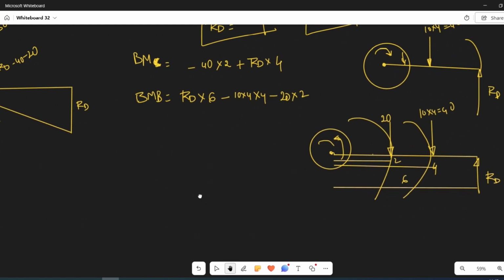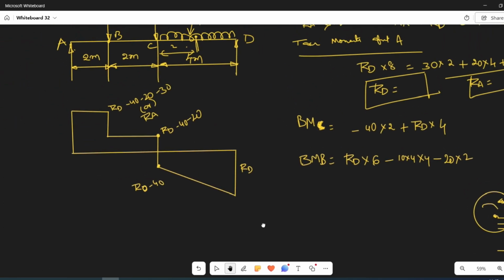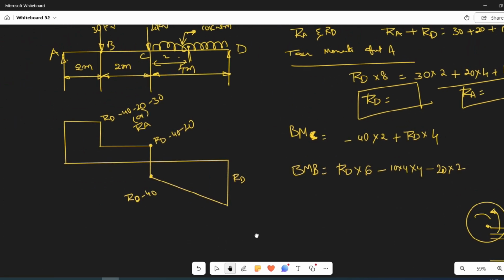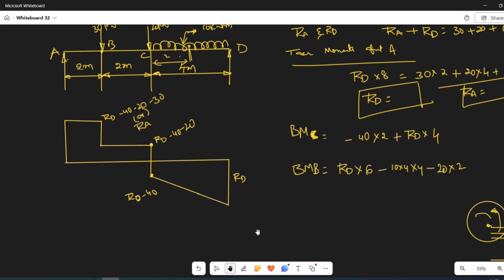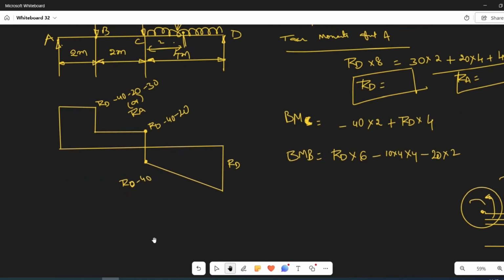okay. Now similarly, try to identify A as well. These two are fine, but you have to understand their nature, how they are going to work, and whether they are positive or negative.